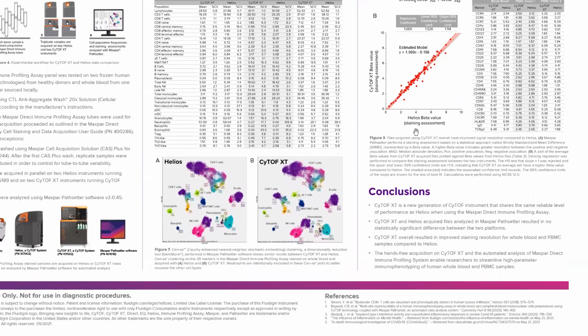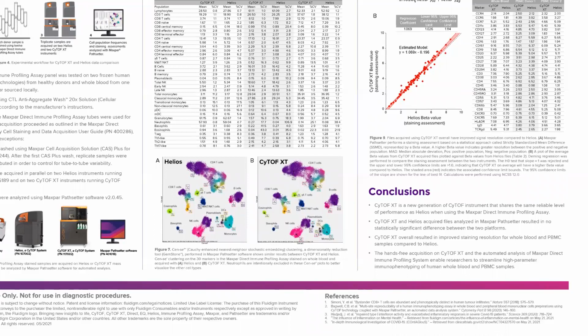So as a conclusion, this CyTOF XT is a new generation of CyTOF instrument that shares the same reliable level of performance as Helios when using the Maxpar Direct Immune Profiling Assay. The CyTOF XT and Helios acquired files analyzed in the MaxPar PathSetter software resulted in no statistical significance between these two platforms.